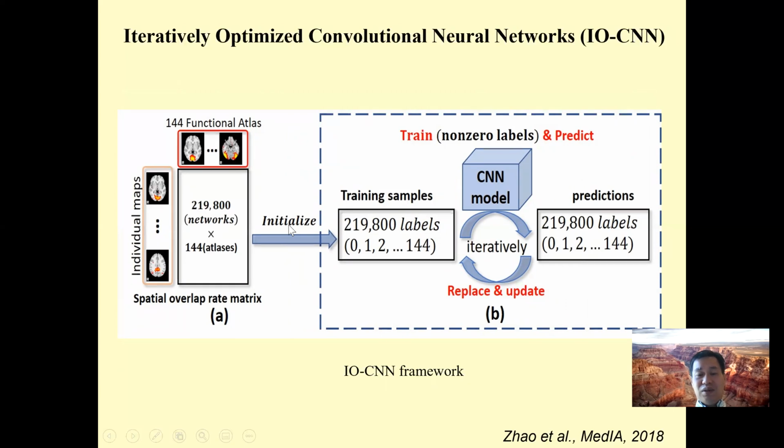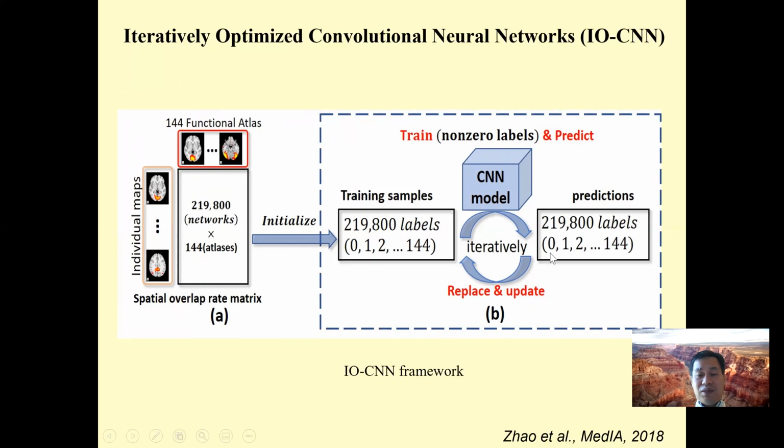We are not going to do that accurately right in the beginning based on the very limited training data set. So we designed and called the iteratively optimized convolutional neural network to do that. The idea is, let's do the prediction based on the weakly trained network in our previous slides, and then we can have a prediction or estimation of the label for each of the more than 200,000 networks.